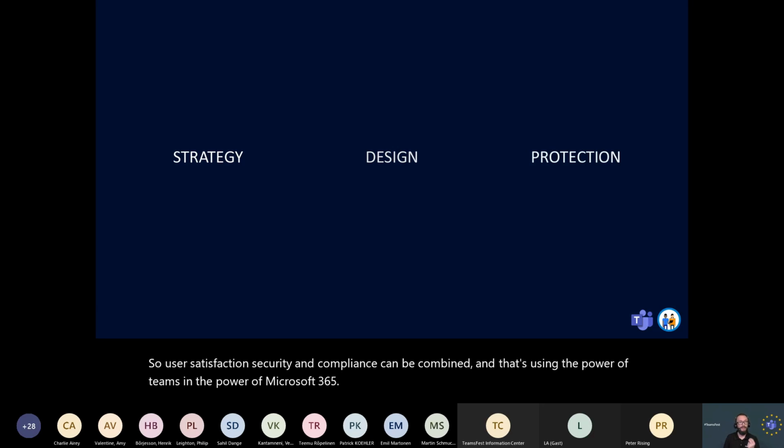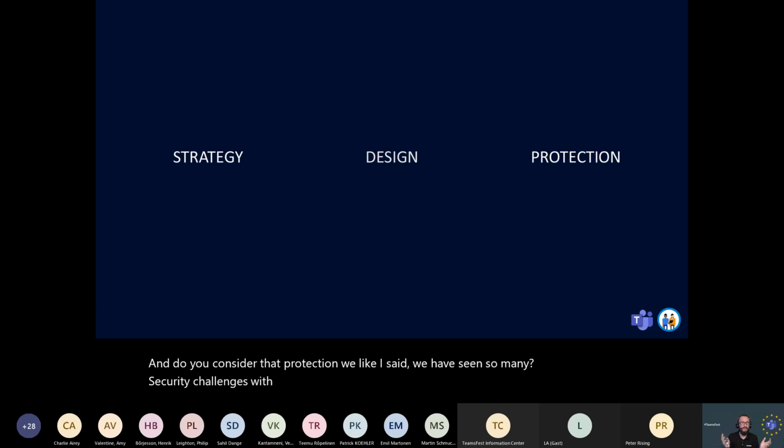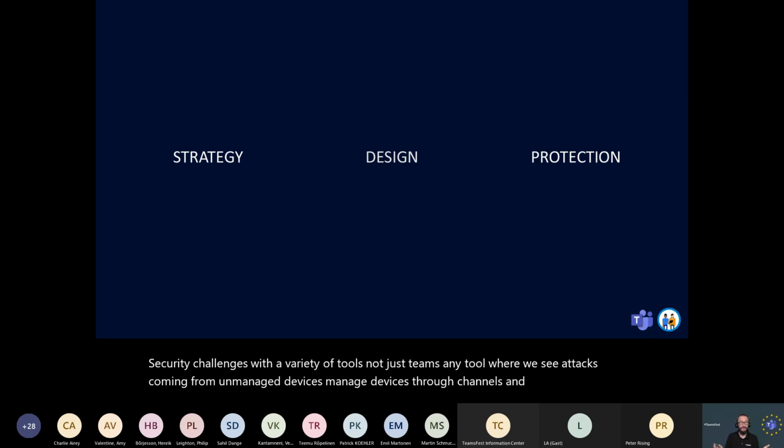And do consider that protection. Like I said, we have seen so many security challenges with a variety of tools, not just Teams, any tool, where we see attacks coming from unmanaged devices, managed devices, through channels and the tools we trust.